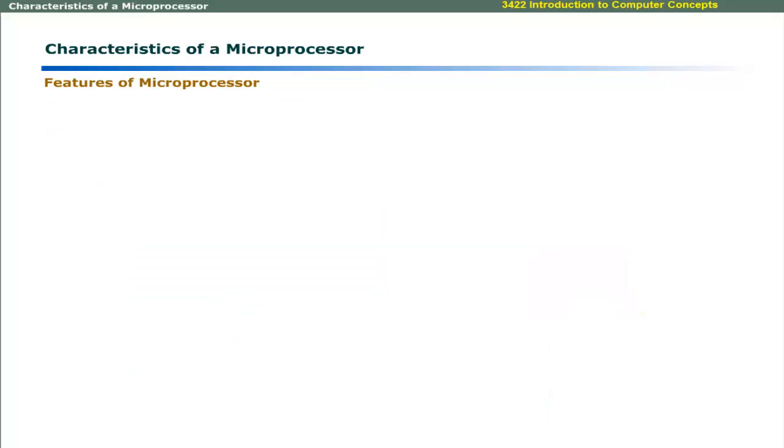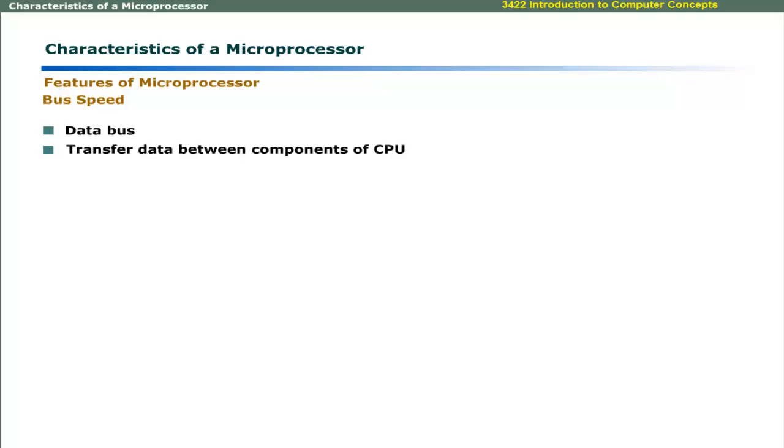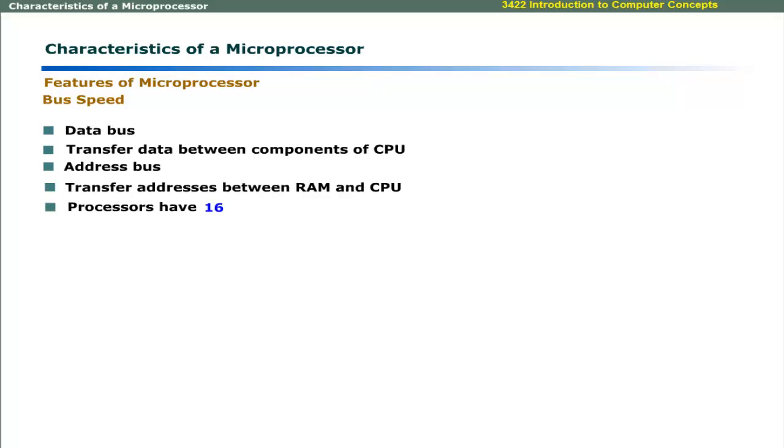Next feature of computer is its bus speed. Computers use data bus to transfer data between components of CPU and address bus to transfer addresses between RAM and CPU. Processors have 16, 32 or 64-bit buses.